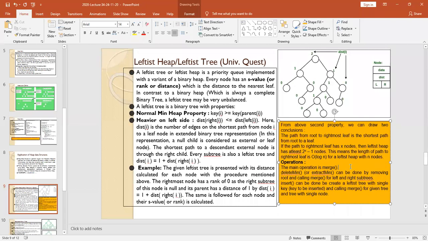Okay, so this is the operation you can describe for a leftist heap or leftist tree.